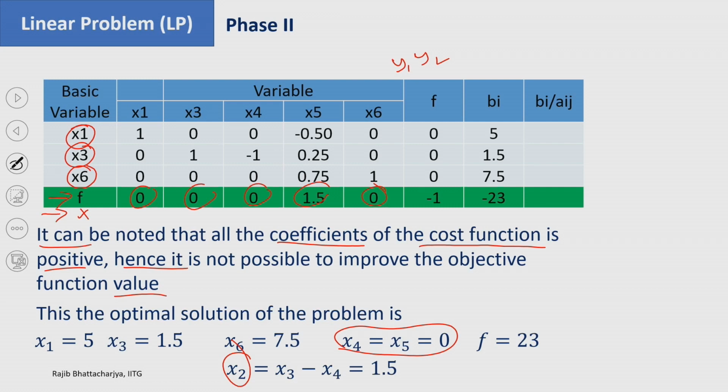Here x 3 is 1.5 and x 4 is 0, so x 2 value is 1.5 and the objective function value is 23. So, that is the objective function value. We got the solution, and we are not getting any improved solution because all the coefficients in the objective function row are positive.